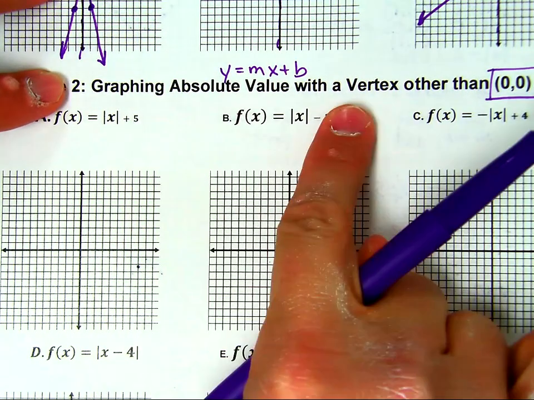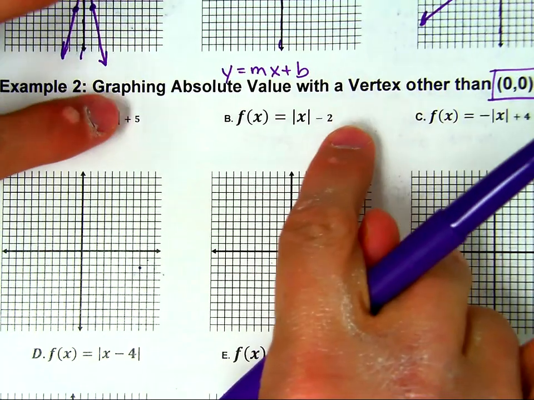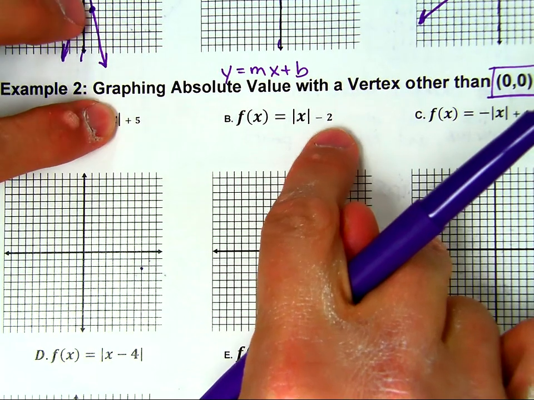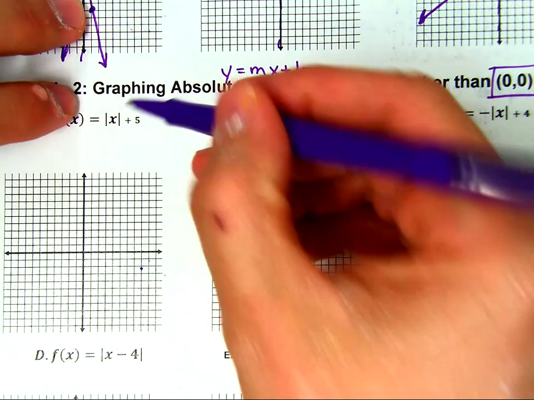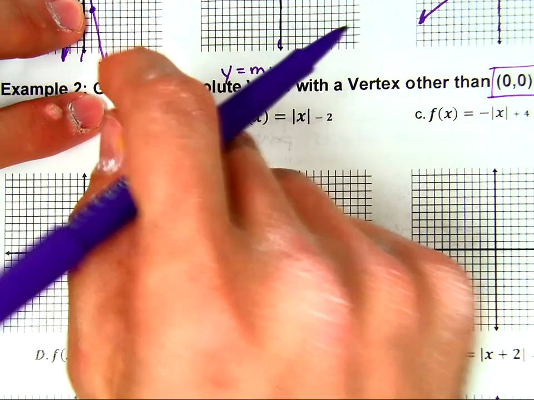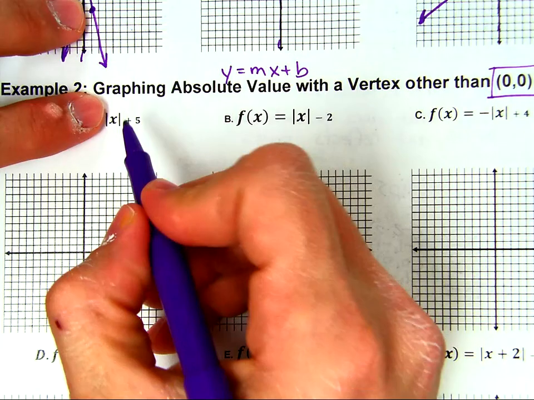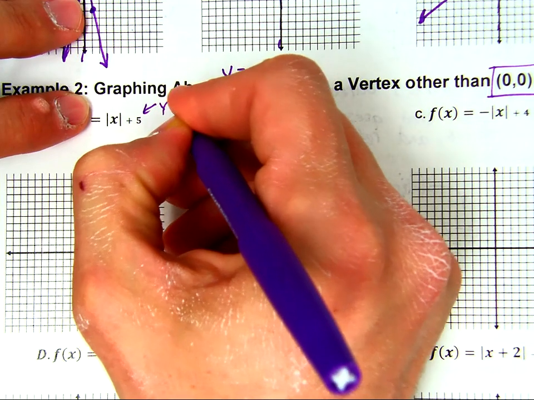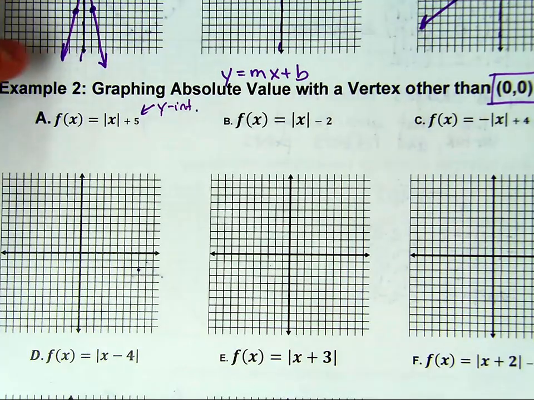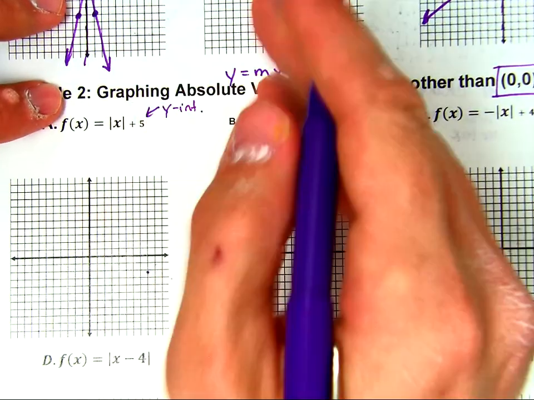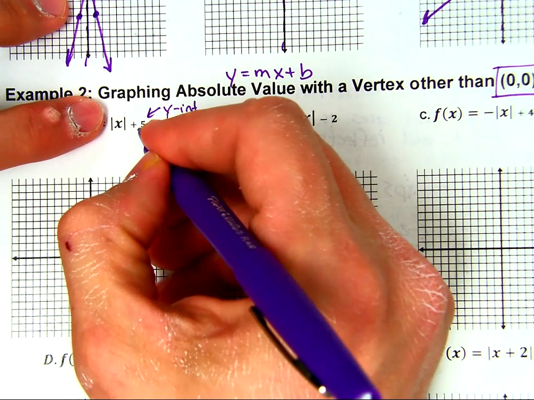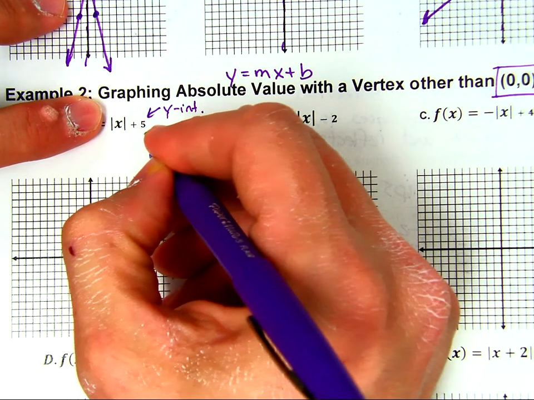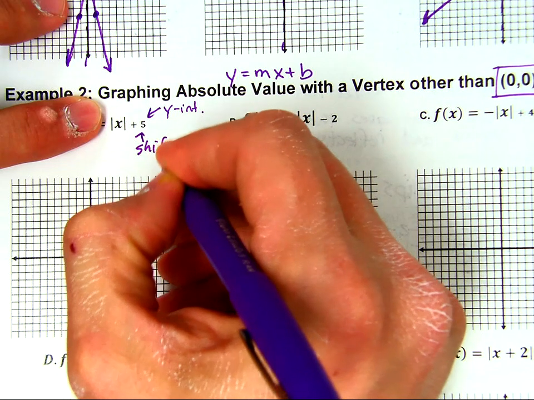If you are adding or subtracting a value outside of the absolute value, we say it shifts the graph up or down. Where I'm adding a 5, this is more or less going to be your y-intercept. With absolute values, we talk about transformations. We say this shifts the graph up 5.